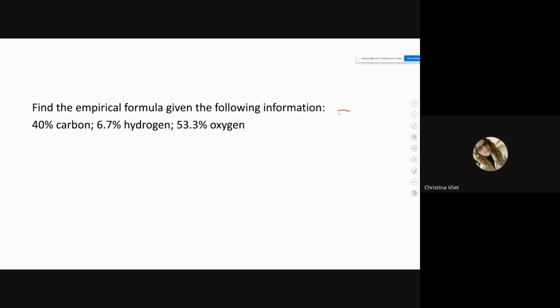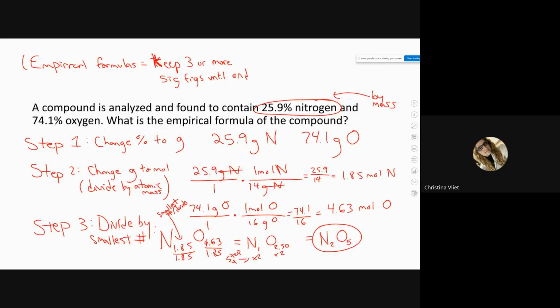This one doesn't say your turn, so I'm not going to check it. The next one after that does. Change grams to moles. So you've got to do it 3 times, right?